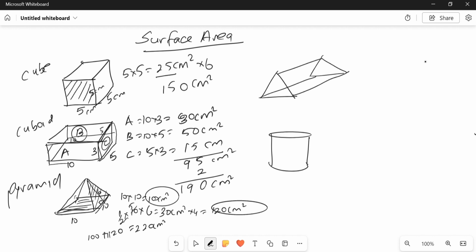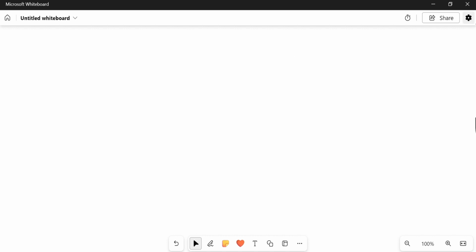But we should not forget there are 4 triangular faces here. So multiply by 4, you will be getting 120 centimeters squared. Therefore, the total surface area of the pyramid is 220 centimeters squared. Right. So now we will move on to the prism.